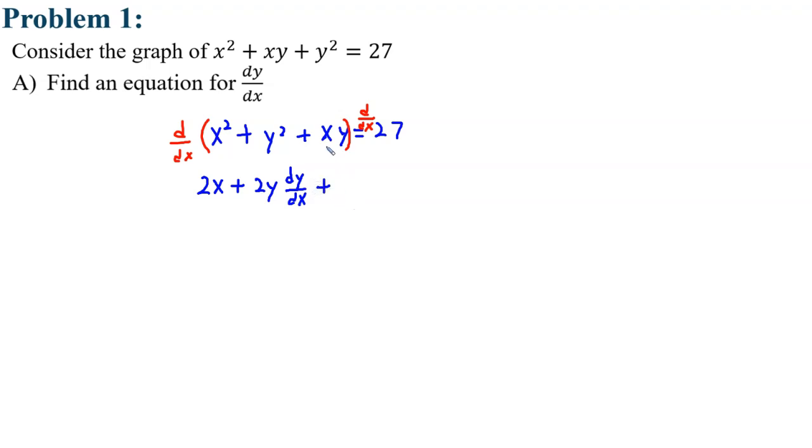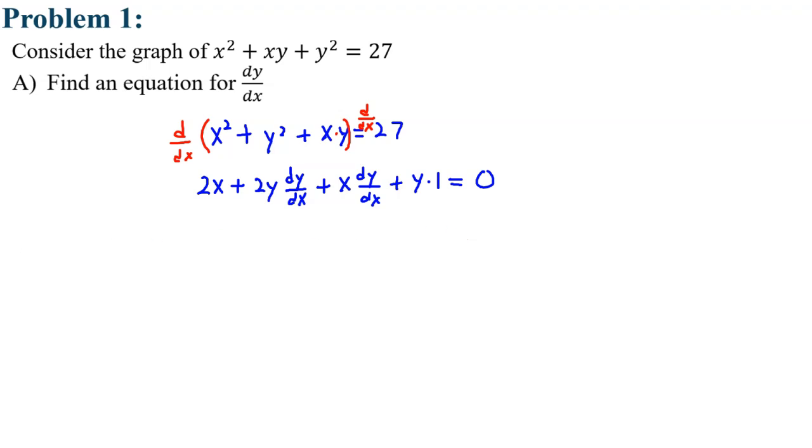Here I've got xy, which is x times y, so I have to use my product rule. I'll have x times the derivative of y, which is dy over dx, plus y times the derivative of x, which is just 1, is equal to the derivative of 27, which is just 0.